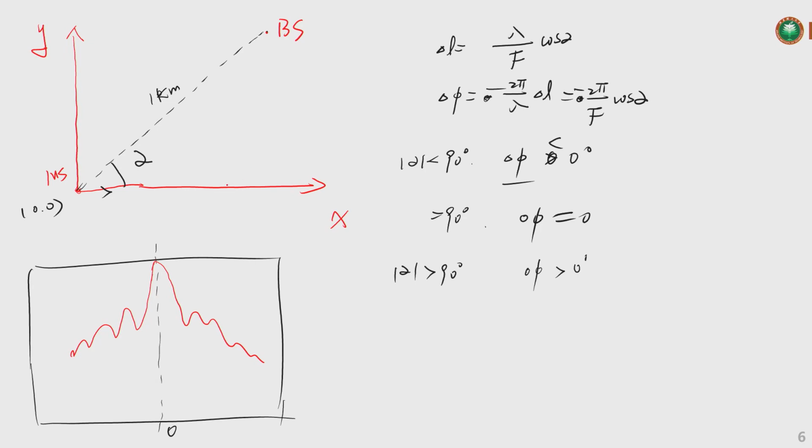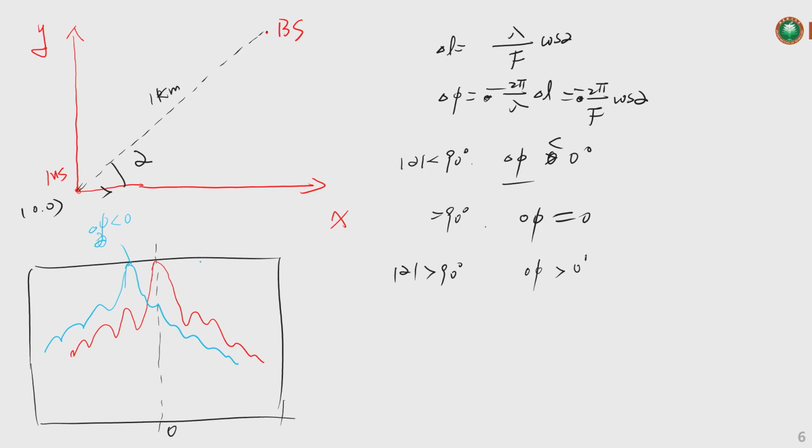There is no Doppler shift. However, if alpha is smaller than 90 degrees, the wave is going to move to this side. So the spectrum has a shift. This is delta phi smaller than 0.